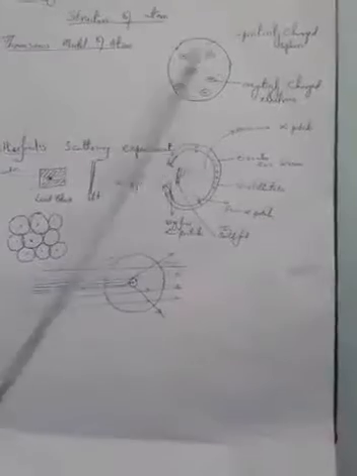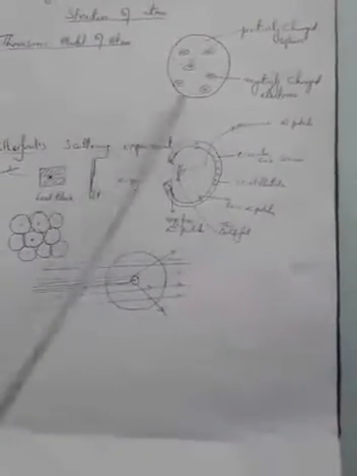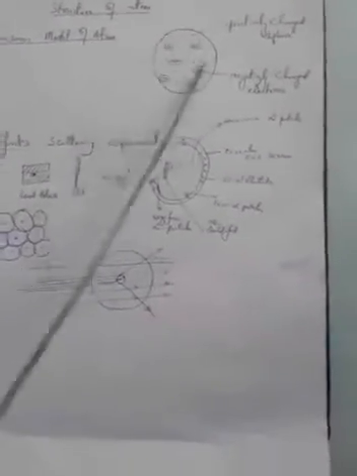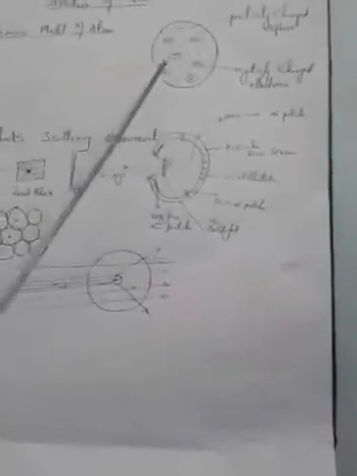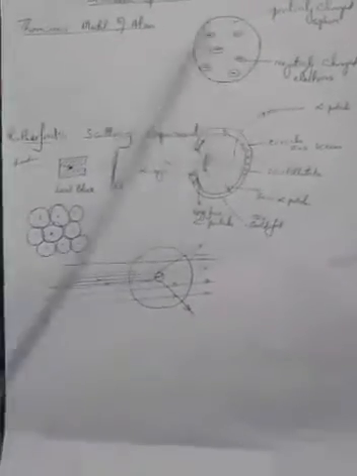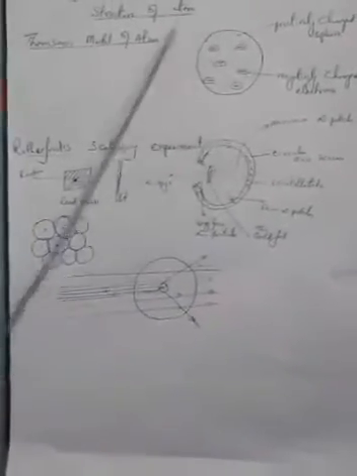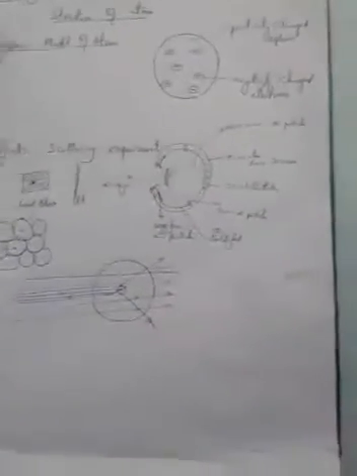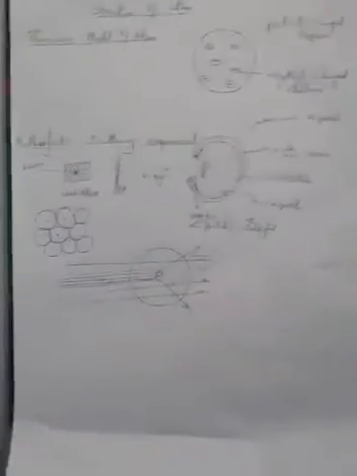Now the protons, which are positively charged particles, are spread over the whole sphere. That means the whole sphere, according to Thomson, is positively charged.